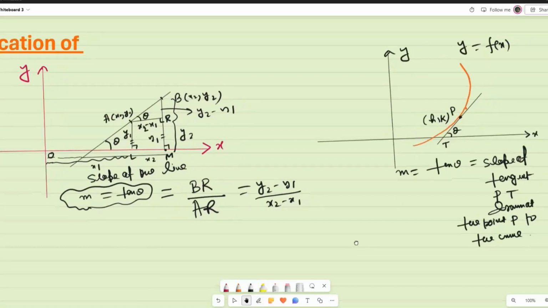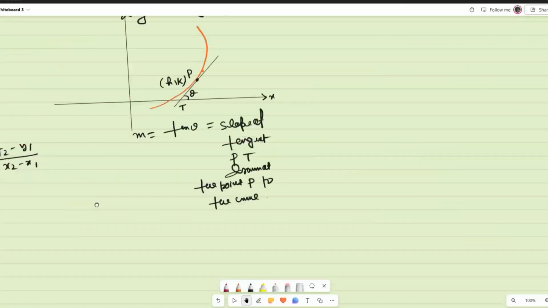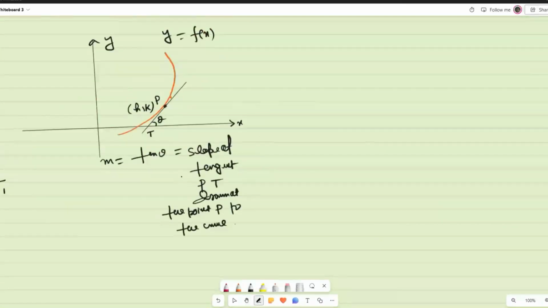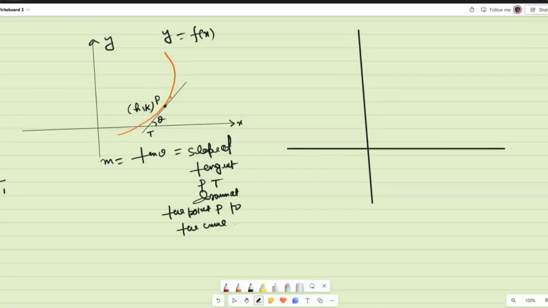For the same curve, we'll be taking 2 points on it. Let me get it in a different diagram. This curve is there. This is the curve.